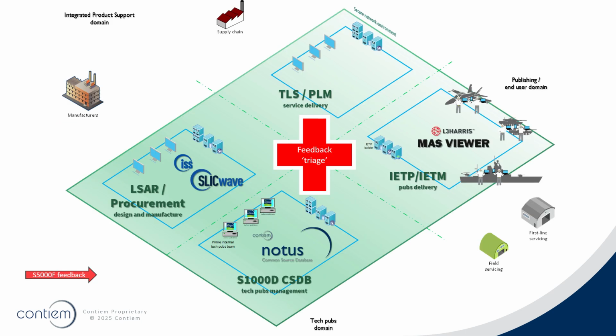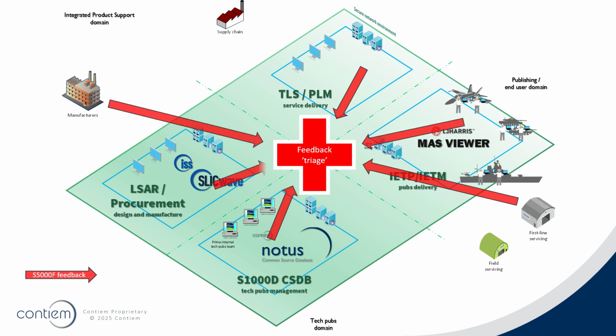So talking about feedback, there is a specific part of the series that deals with this, S5000F. Now in any feedback system, the first part that you need is some method of triaging the feedback. Feedback can come from any part of the IPS domain. It might be from the manufacturers changing the design, it might be because the end user has found a problem.